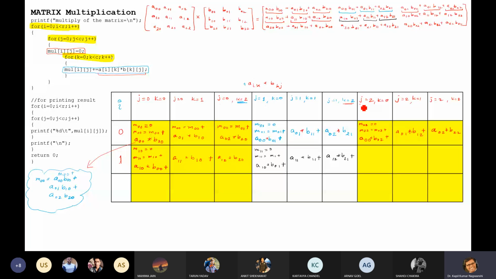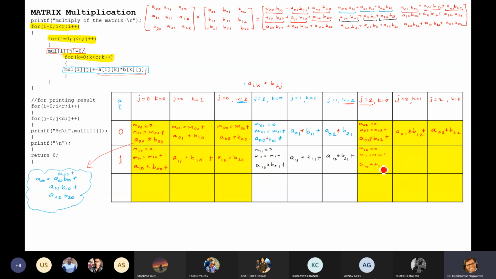So here we need to add m ij, I is 1, j is 2, m12 equals 0. Then m12 equals m12 plus, then what is our term? a ik, I is 1, k is 0 multiplied by b kj, so 0, 2.